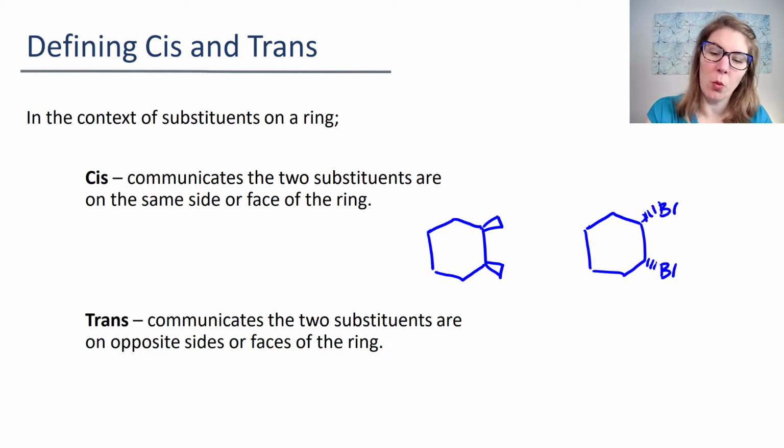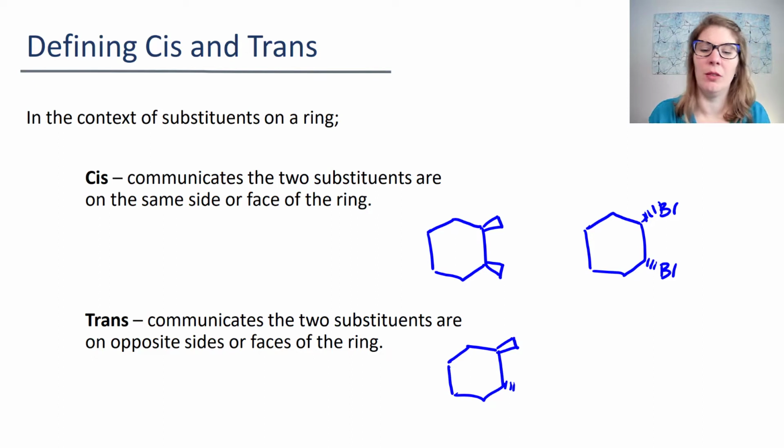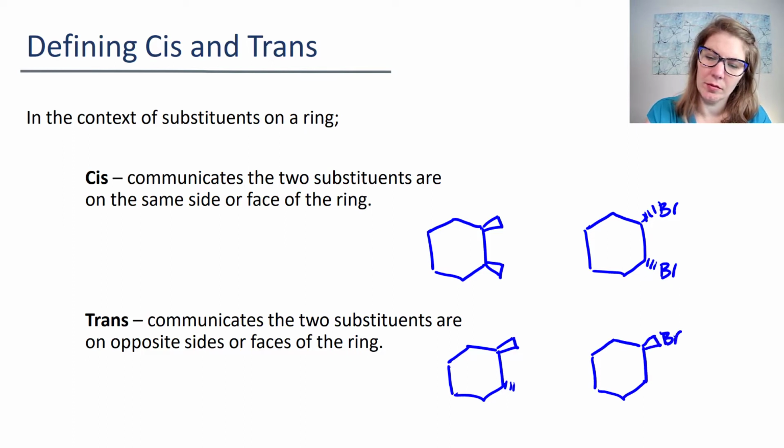Trans is when one substituent faces one direction and the other substituent faces the opposite direction. So here's some examples of trans. The cis and trans nomenclature and wording is going to be something that we use very commonly in the context of rings, and then later on we'll expand it.